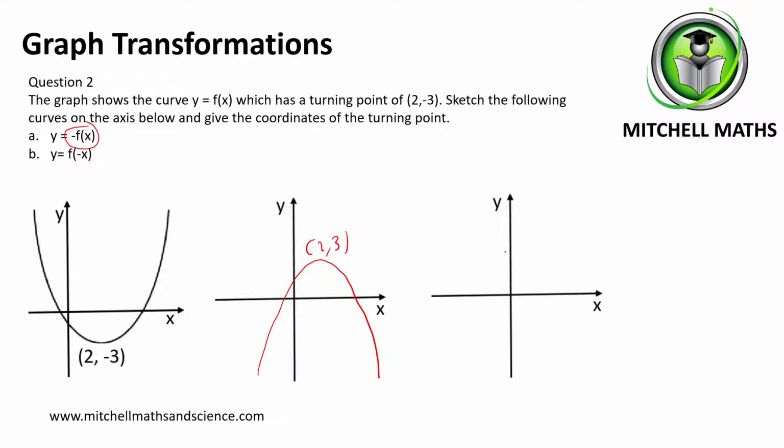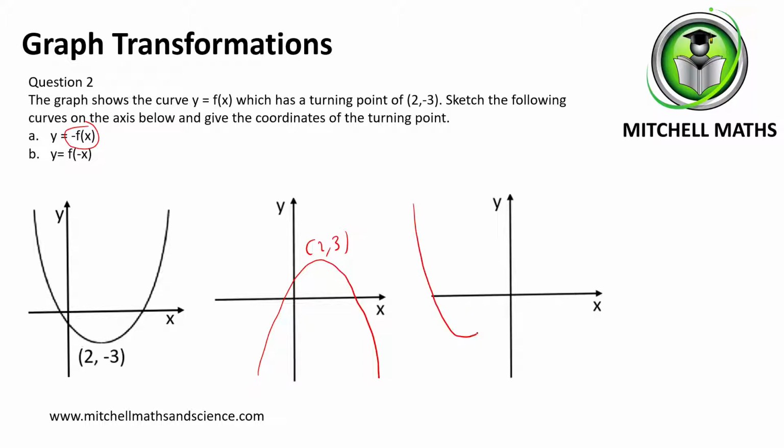Now let's have a look at B. This is where you minus the x. And this has a slightly different effect, because what will happen is all the negative x values would be positive if you take them away, and all the positive values would become negative. Therefore, everything's going to flip round.